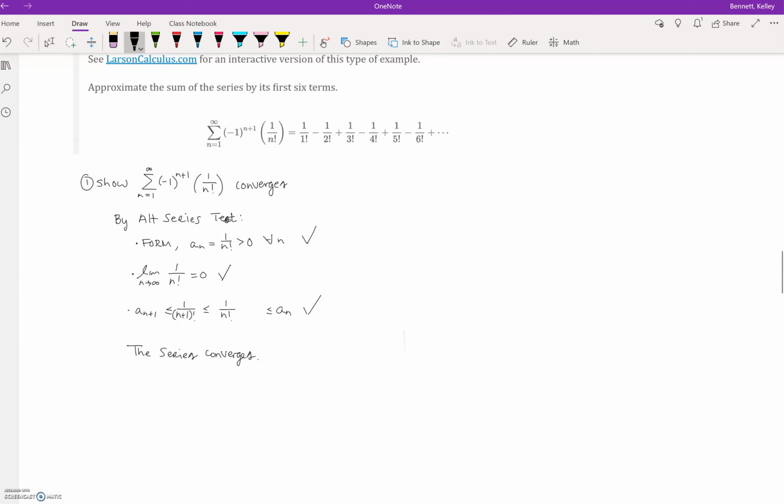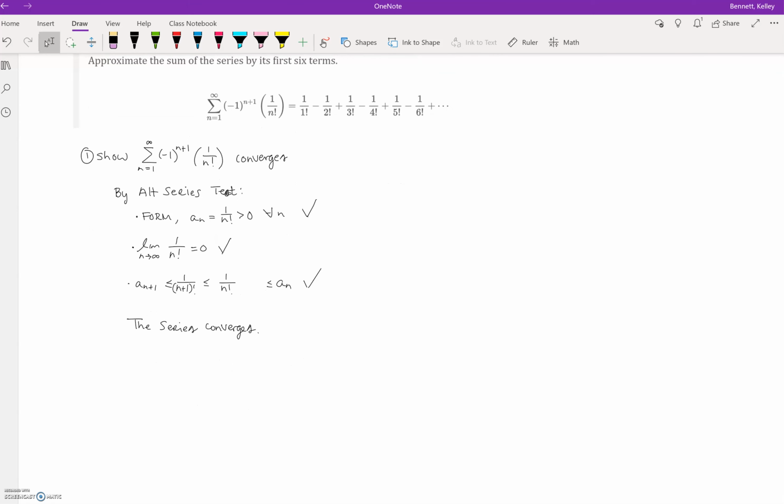The next thing that we need to show in order to use the remainder theorem is that a sub n plus 1 is less than a sub n. But we already showed this when we used the alternating series test. So now we've met the requirements and we can use the remainder theorem.